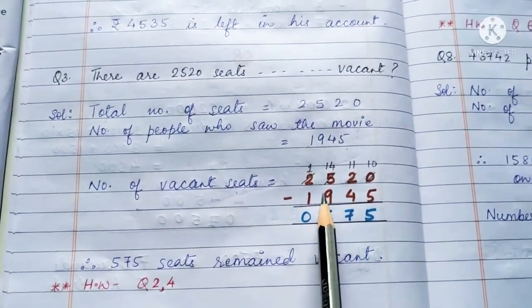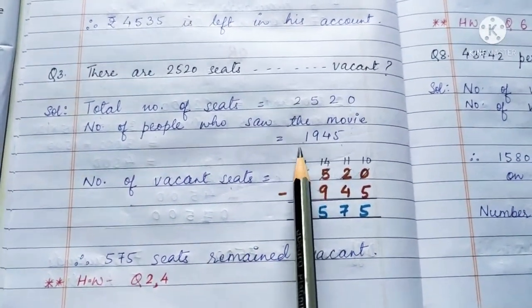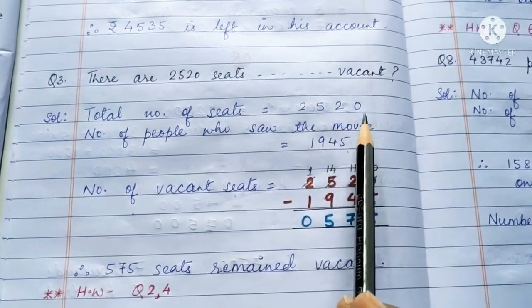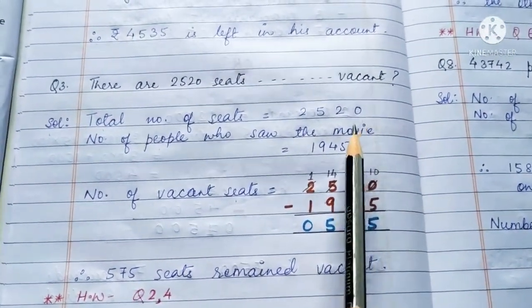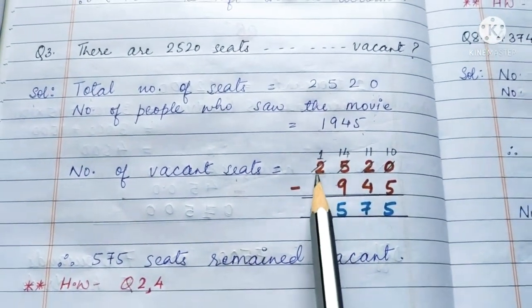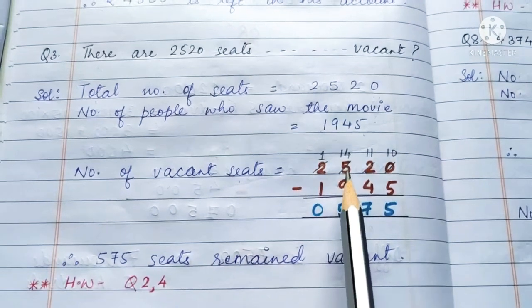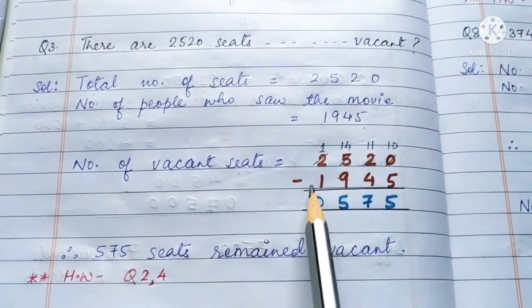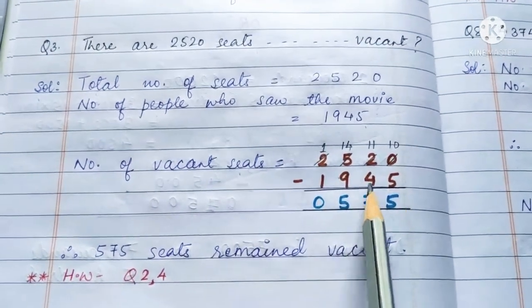Simple. What do you have to do? We have to subtract the seats occupied from the total number of seats in the cinema hall. So here we are subtracting 2,520 as minuend. Subtrahend is 1,945.